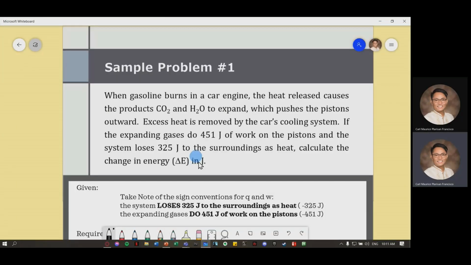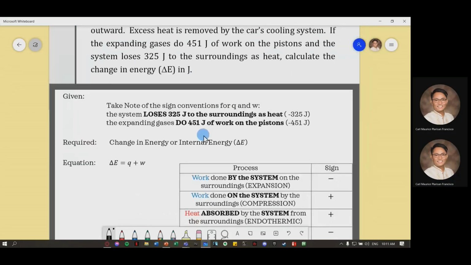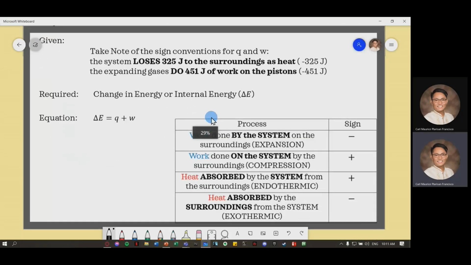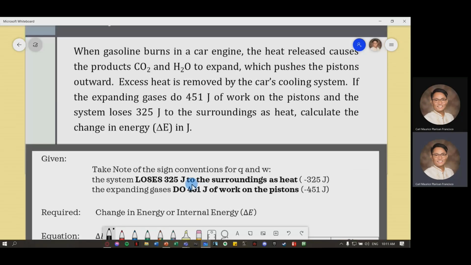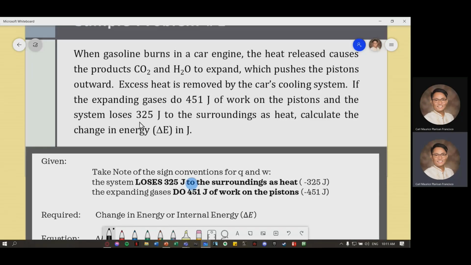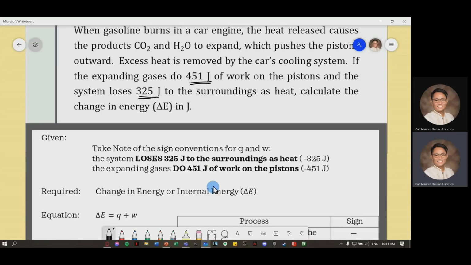So let's have sample problem number 1. I already indicated the given, required, and equation, but let us understand how the following came about. So again, take note of the sign conventions for heat and work before we proceed. Okay, so let us look at this one, 325 joules and 451 joules of work.